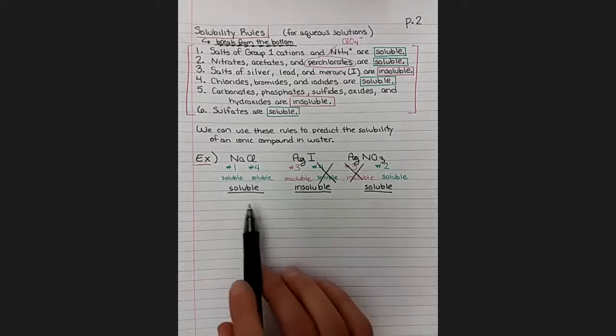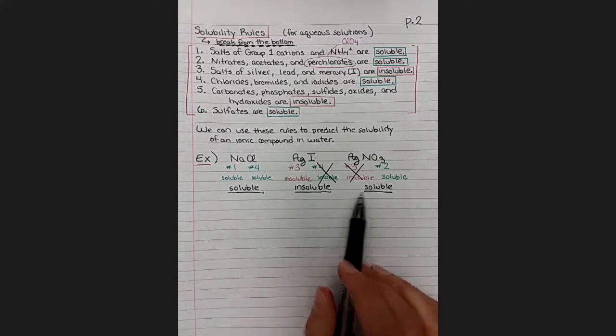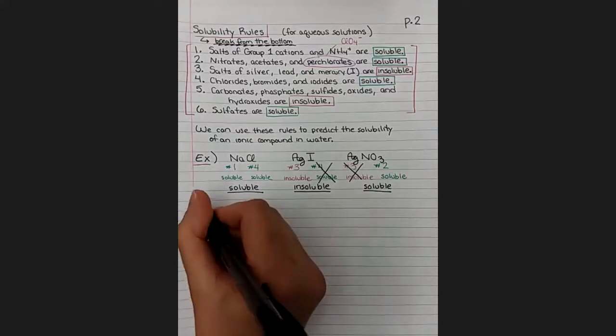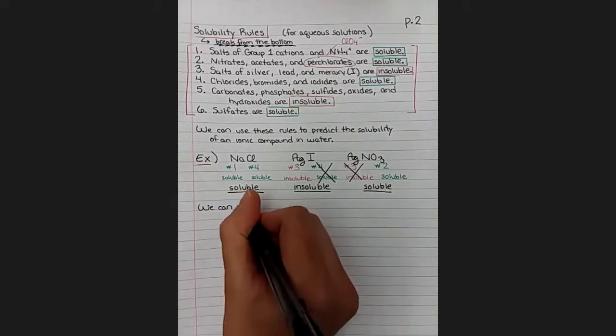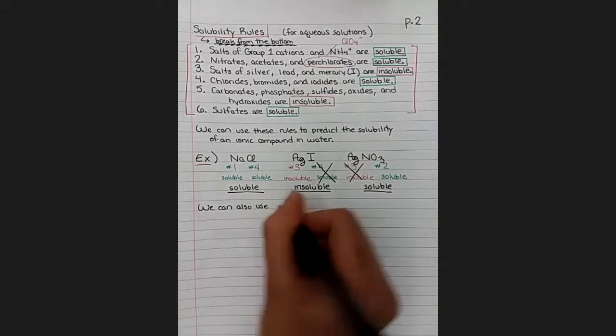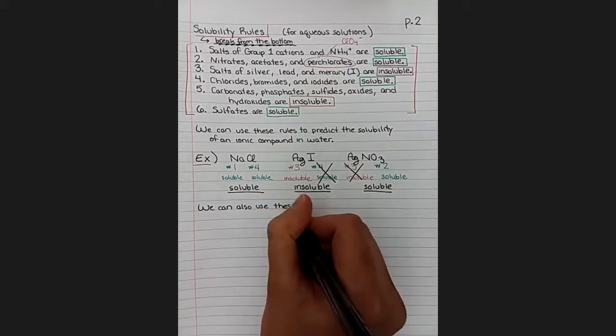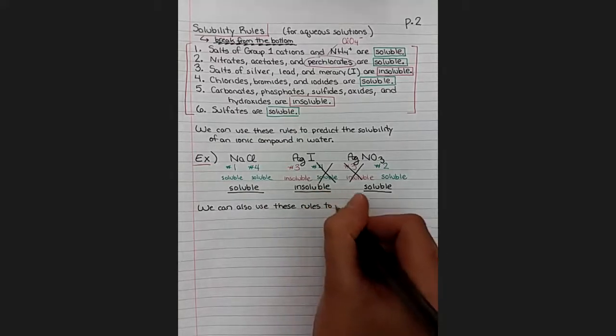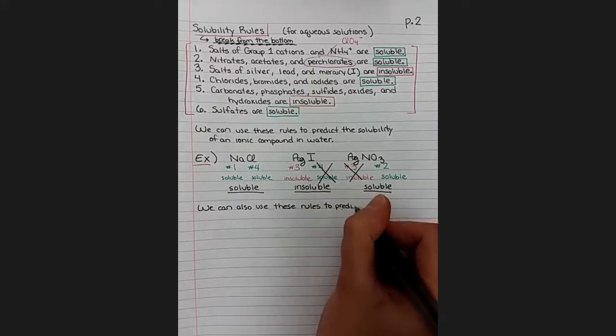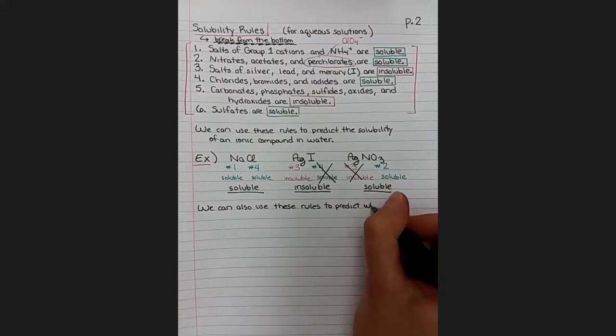So now that we can predict the solubility of individual molecular ionic compounds, we can take even one step further and predict whether a solid compound is going to occur at all. I need to stop talking while I'm writing.